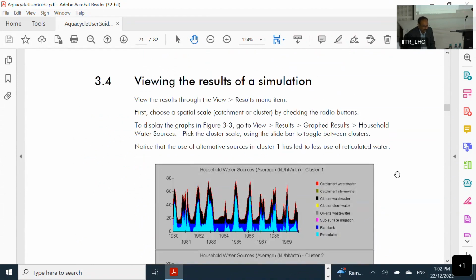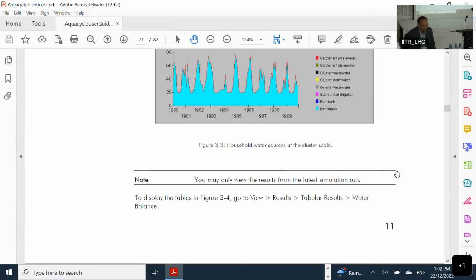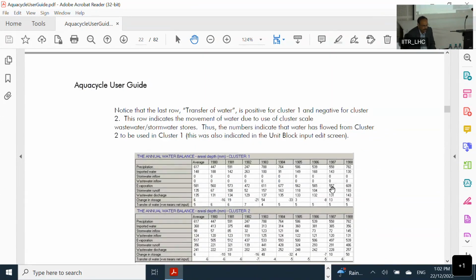And then it will give you the household water demand and all those things. So you can simulate, and ultimately it will give you that sort of information for each and every cluster: how much water is being used, how much stormwater is generated, how much wastewater is generated.